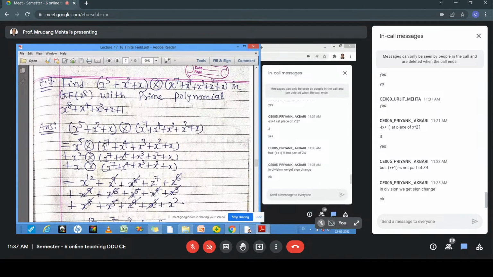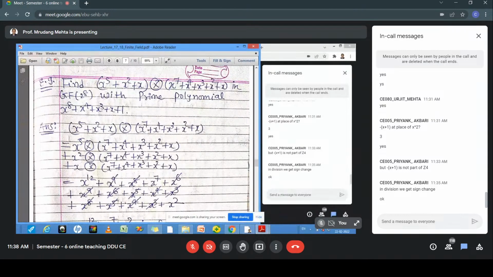So what we get is x^12, x^9, x^8, x^7, x^6. That is the first row. Then x^2 into x^7, that is x^9. So x^9, x^6, x^5, x^4, x^3, and the third row is like this. Here you see that this plus is XOR.